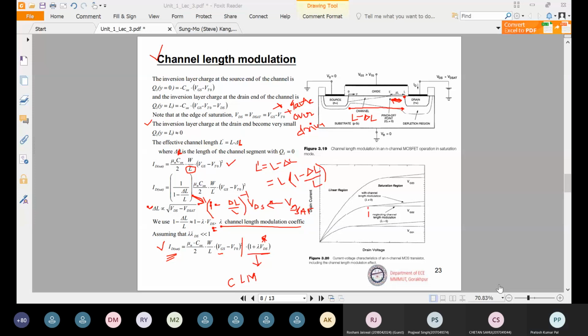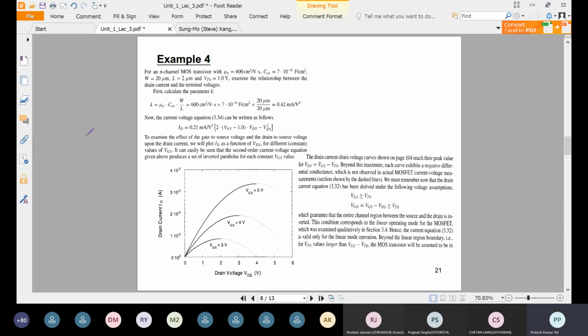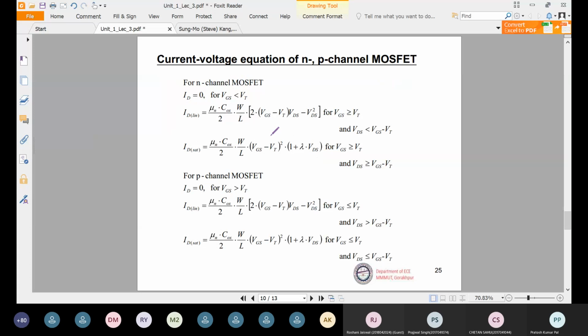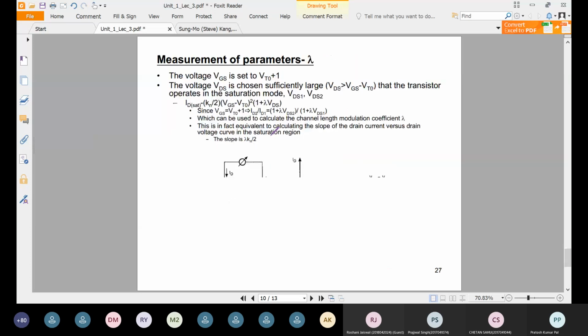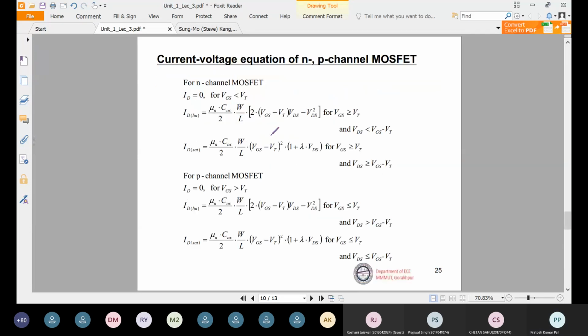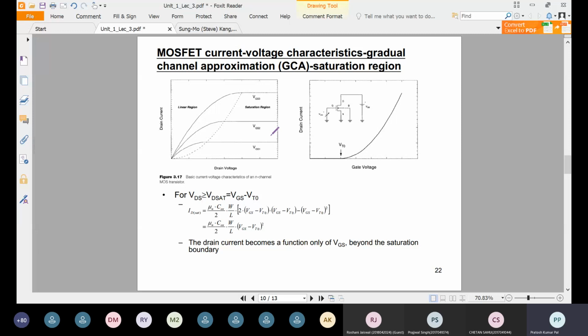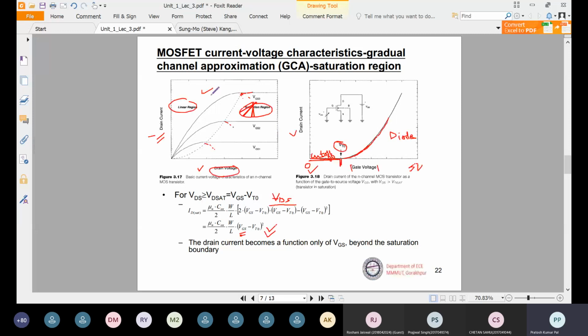Okay, so this was the effect. In the previous graph, this was the graph that we plotted for the linear region, and this was for the saturation region.